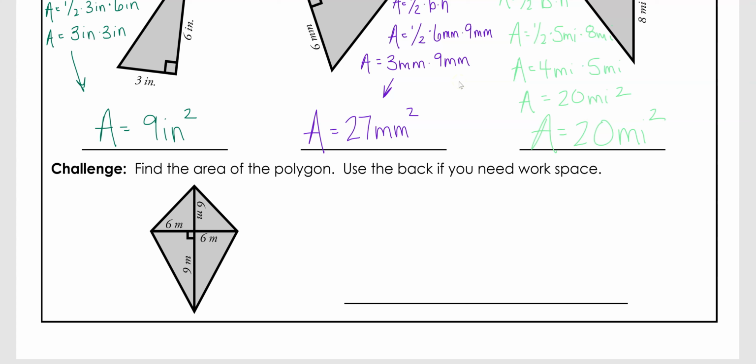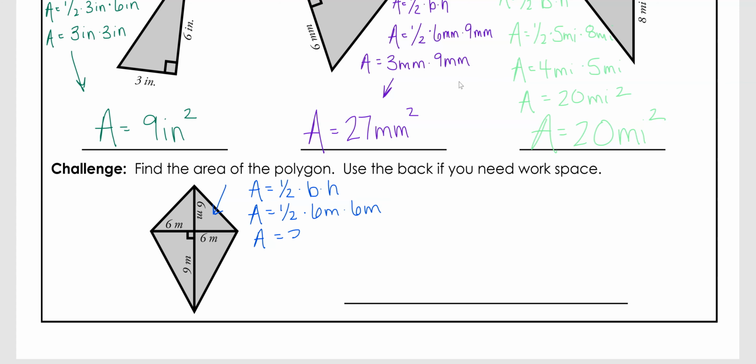So let's work with the top triangle first. All right, so area equals 1/2 times the base times the height. Area equals 1/2 times 6 meters times 6 meters.